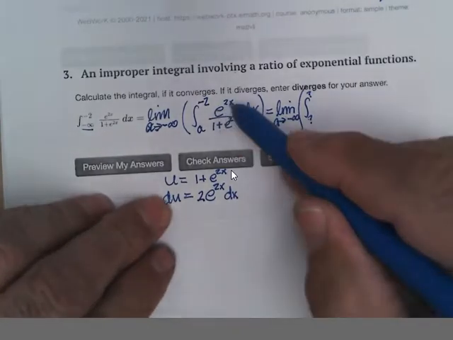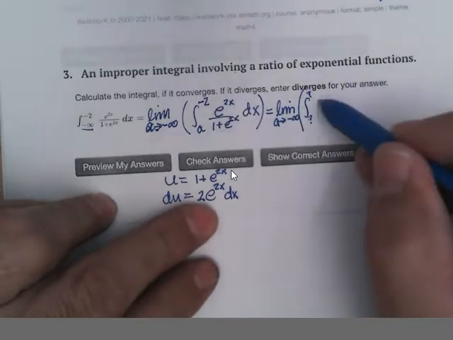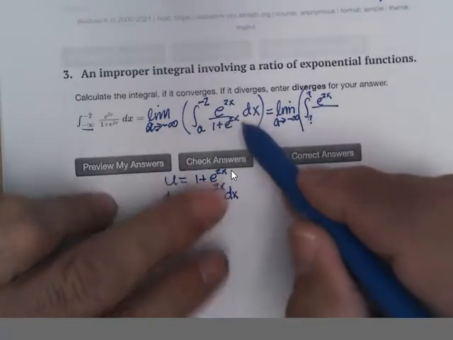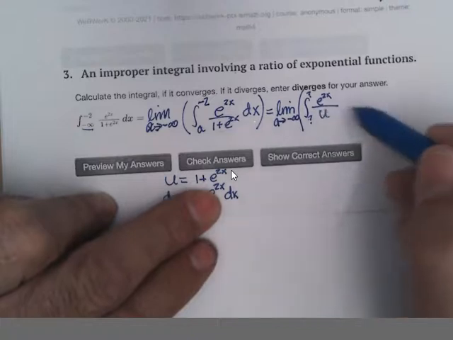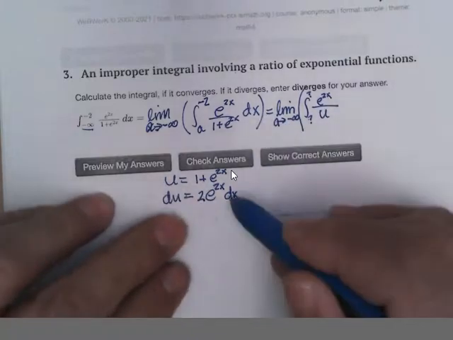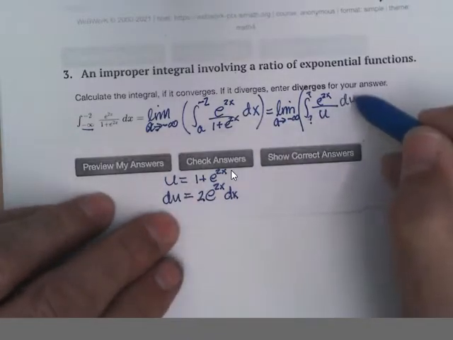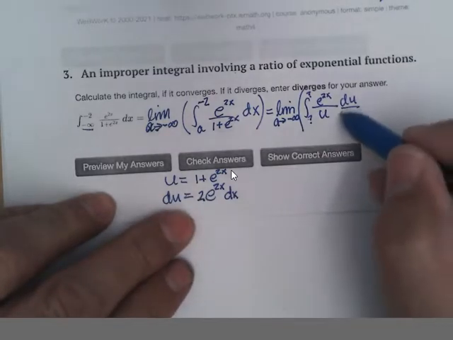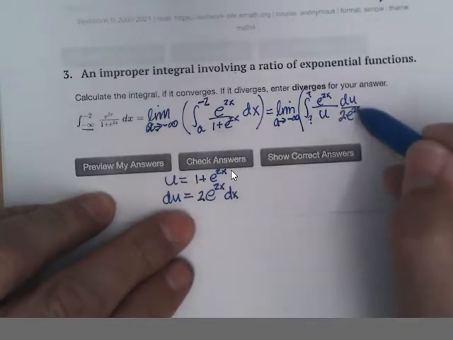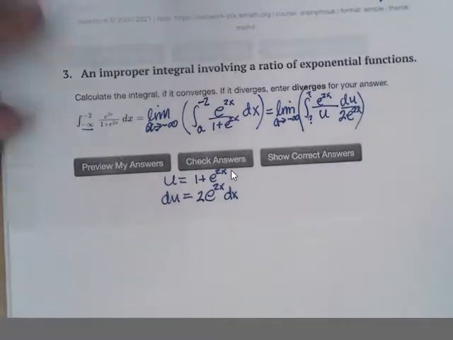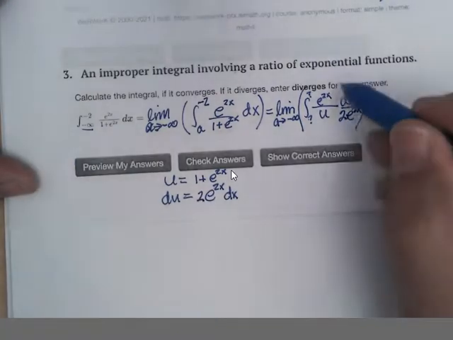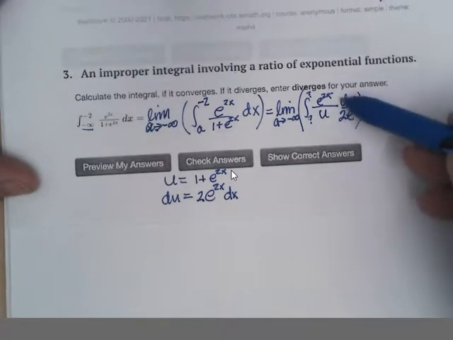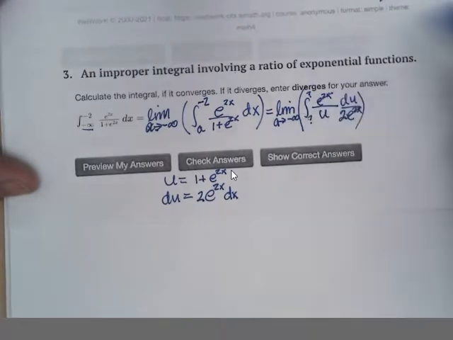So I have e to the 2x, and the denominator is what I let u be, and my dx is du over 2e to the 2x, and the e to the 2x's cancel, and so I have a 1/2 here that would come out.